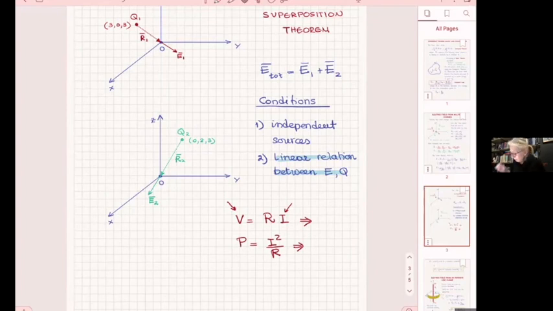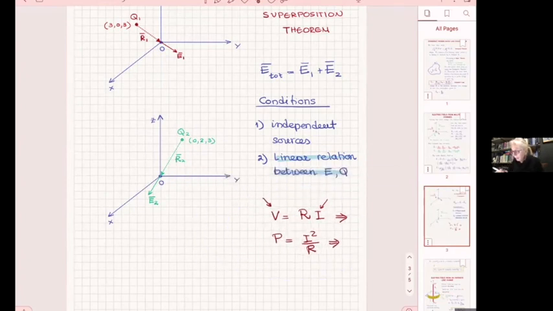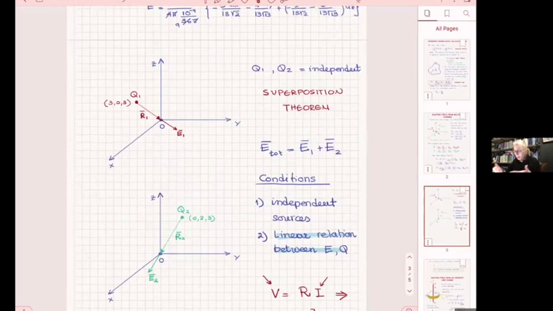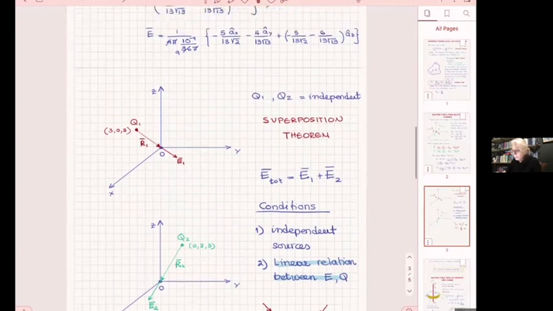Okay, now that I have mentioned that, and that is important, I will also use it here. Normally the way we solve the problem is to separate the first charge, separate the second, solve for the first charge, solve for the second, and then we superimpose. So that's what I'm doing here.